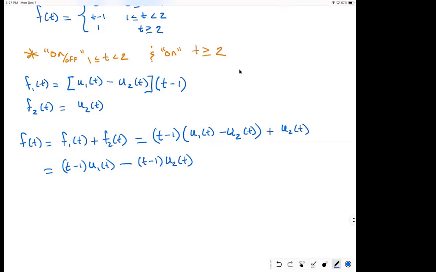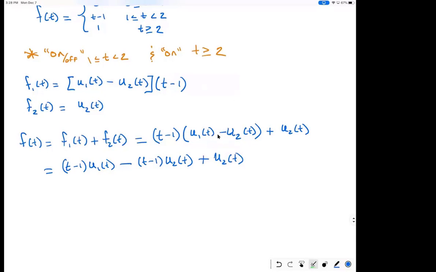Now you might ask, Mr. Hadley, why did you do that instead of FOILing? Well, remember the second shifting theorem: I want things to look like where I have the t minus a and the u sub a.